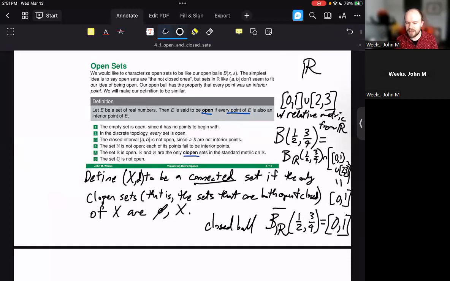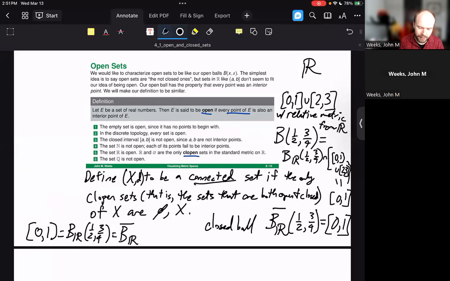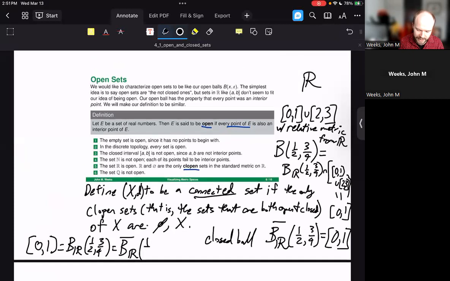So notice that [0,1] is equal to not only an open set, since we've said the open balls are open sets for this space, but it's also equal to the closed ball of radius 3/4 at 1/2. That means that this is a clopen set. So because we found a clopen set in this metric space that is neither the empty set nor the entire space, this is a disconnected space.